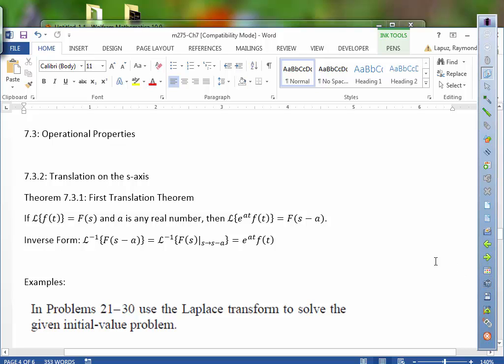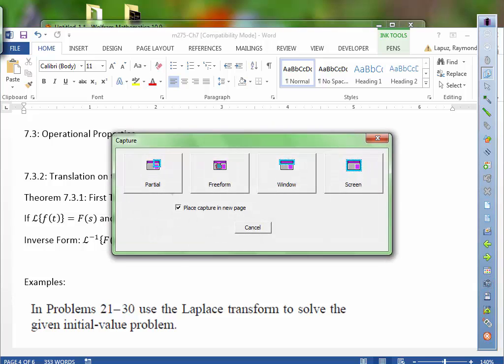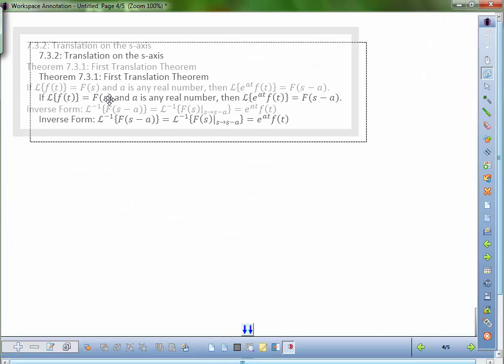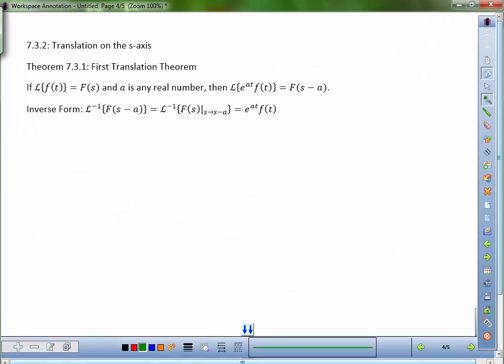So if you're in the s world and you got s plus 4, s minus 5, s minus 1, stuff like that that's happening, it turns out that we can use some information about a translation that would help us bring everything back. So this is called a translation in the s-axis. Let's see if we can understand this.